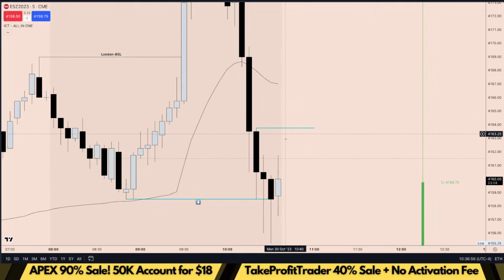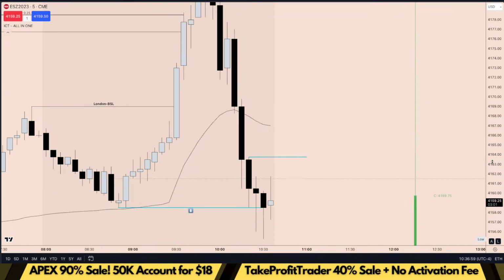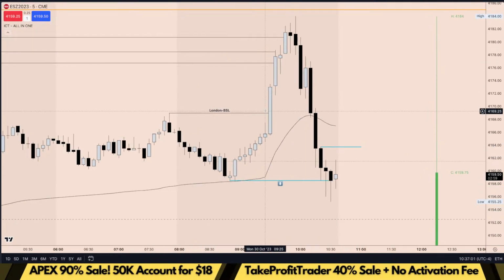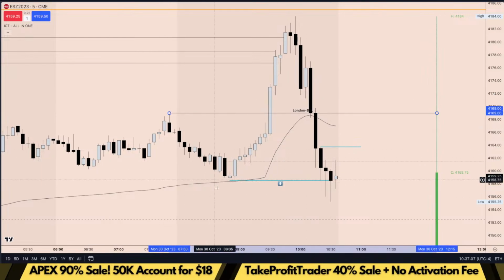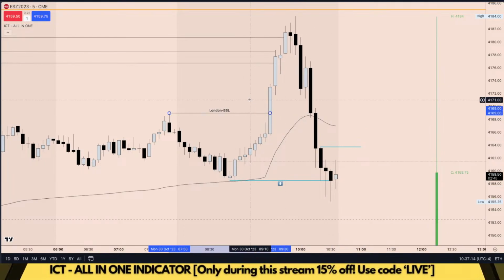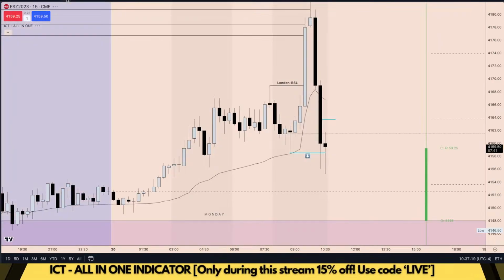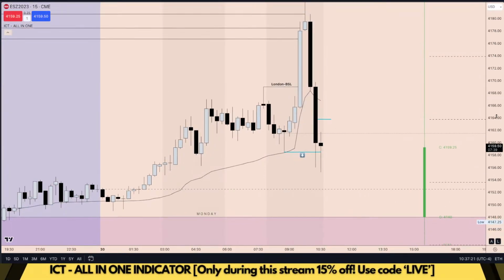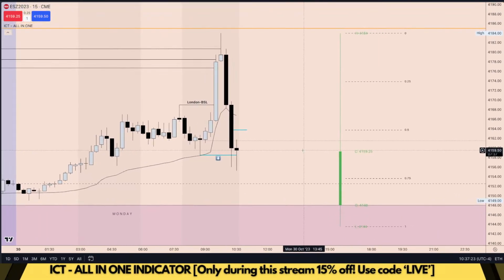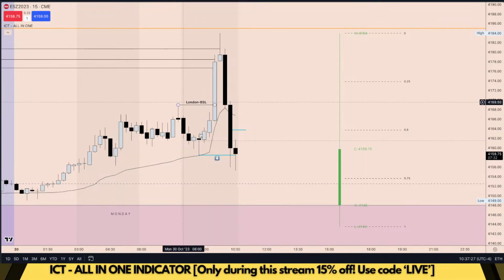For me, a retracement into any of these fair value gaps, pump and dump. That's roughly where we would look for our right shoulder to form. Left shoulder, right shoulder. Could look for a fib retracement. But before that, I'd like to see that actual confirmation.